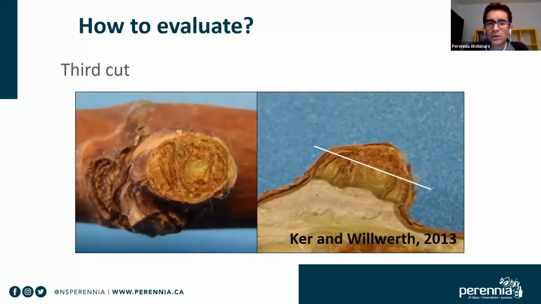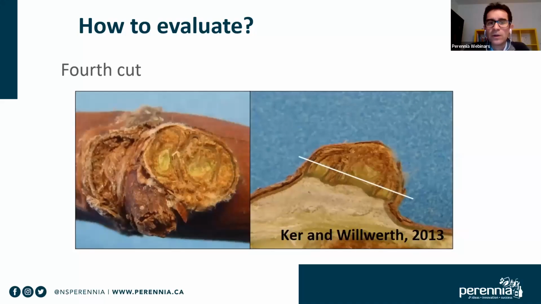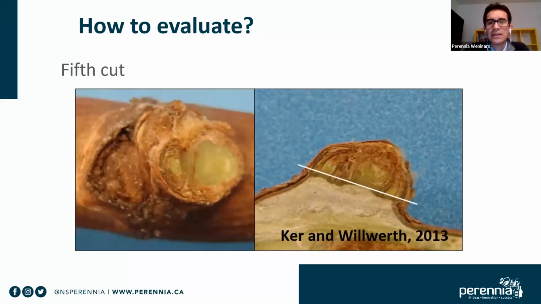Here's the third cut, where you can definitely see the primary without issues. In the fourth cut, you already see the primary, the secondary, and a little bit of the tertiary. And here you definitely see everything, and quite green. Careful, because some people cut immediately to the fifth cut, see everything green, and think everything is healthy and in good condition. So it's necessary to go step by step.